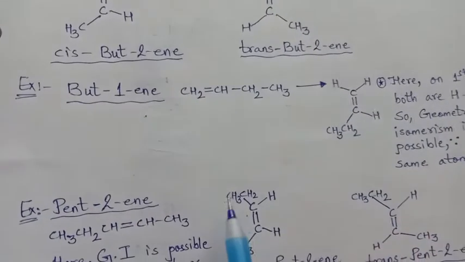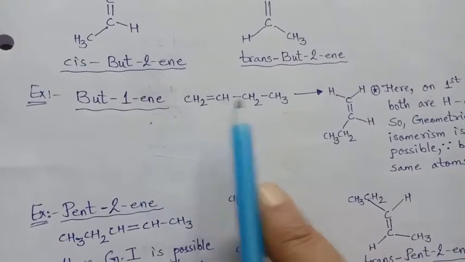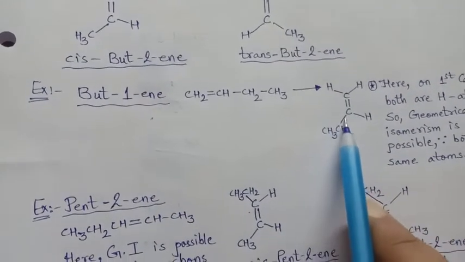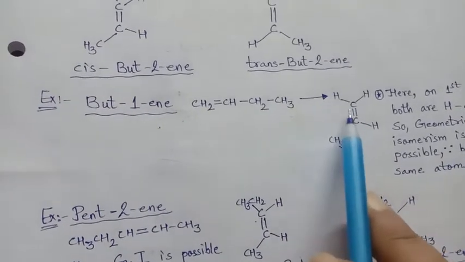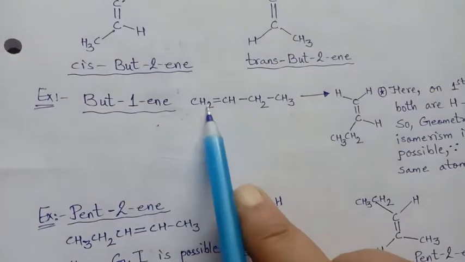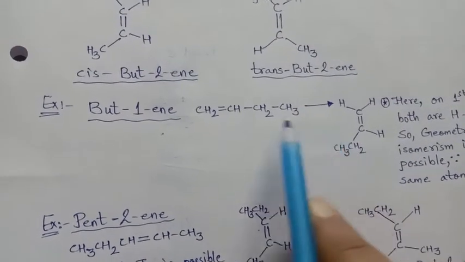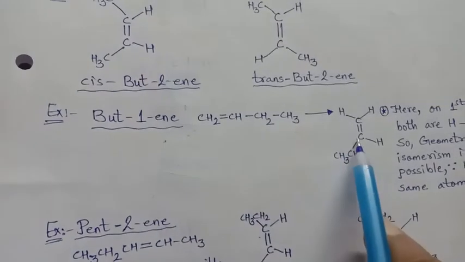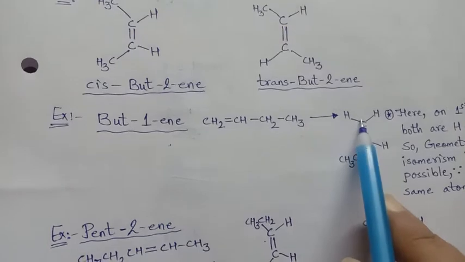So first C double bond C, this will be my first carbon. So it is CH2, CH2. Now first, second. So this second carbon will be CH. Then third and fourth, on the second I will give third and fourth. So it will be my straight chain now.